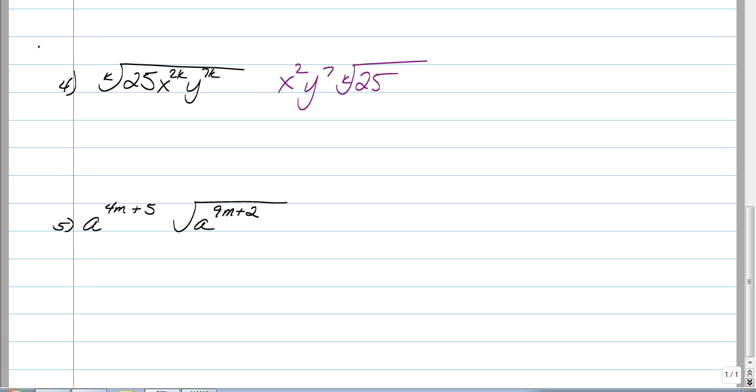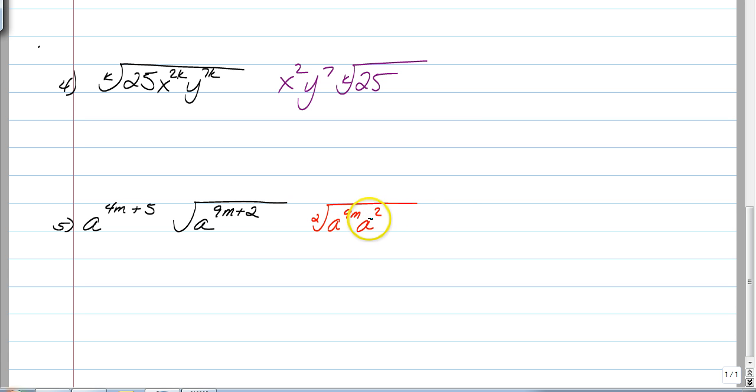This example here gets a little bit trickier. We have an a to the 4m plus 5 on the outside already, so we can leave it alone for now. Let's simplify the inside first. Again, this is the square root of a to the 9m times a squared.